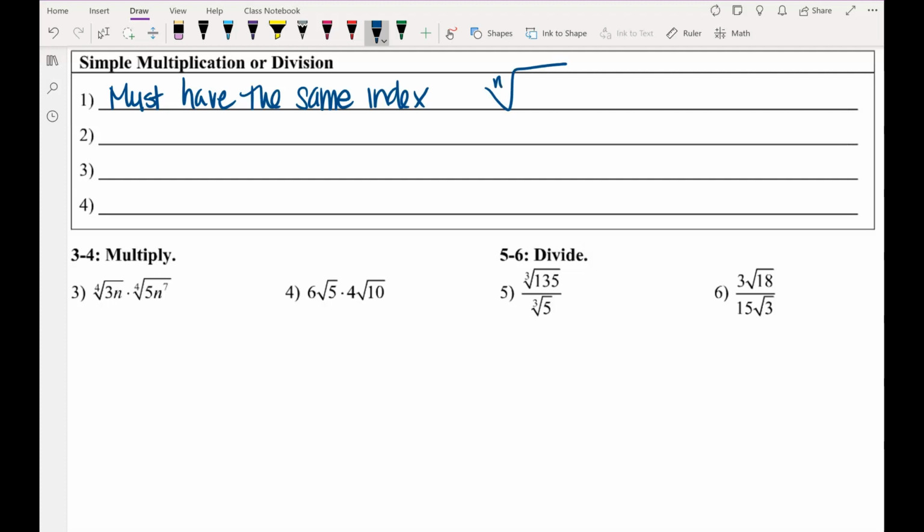Step number 2, multiply or divide coefficients. Remember, students, coefficients are the numbers on the outside, okay? Plural S. Numbers on the outside.